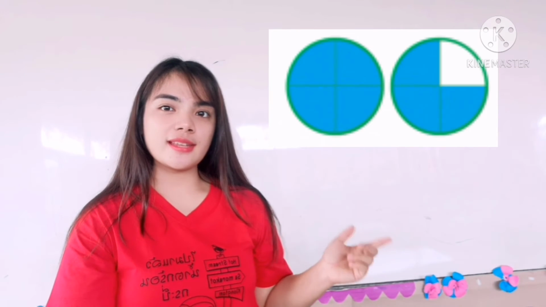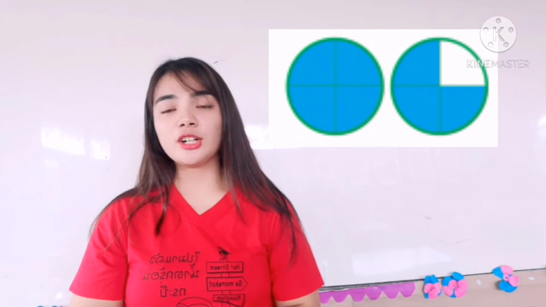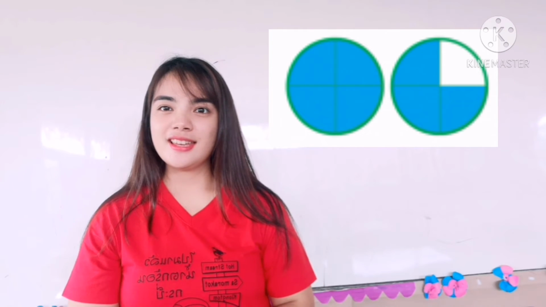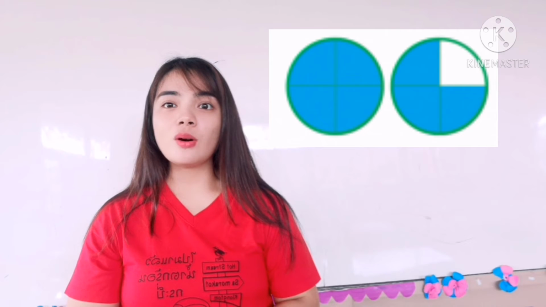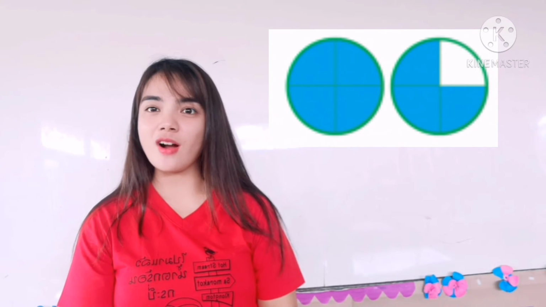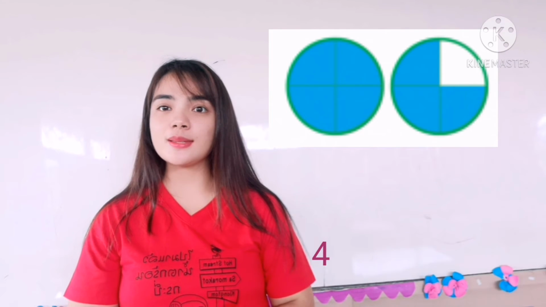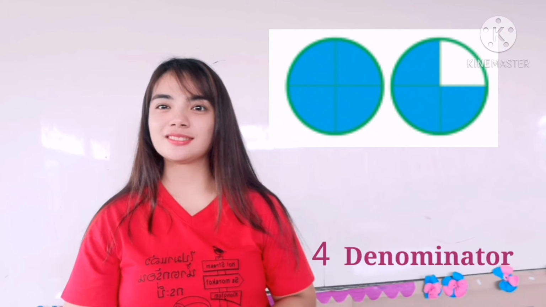Next, we have our second example. So we have here 2 pies. So on one whole pie, how many slices are there? There are 4. So 4 represents our denominator.